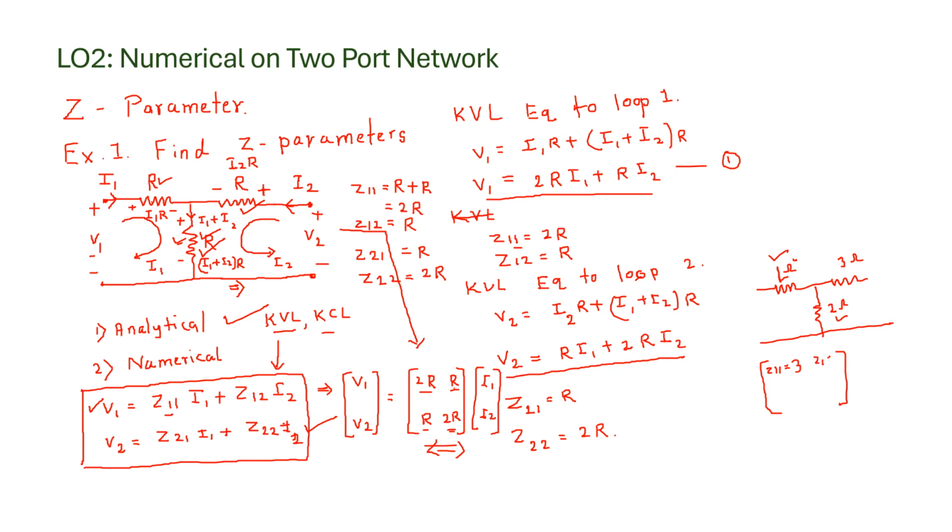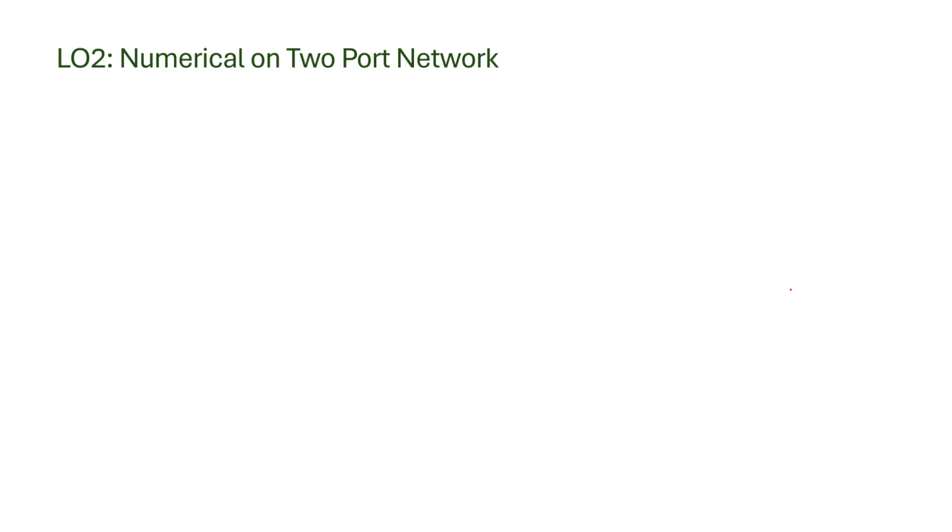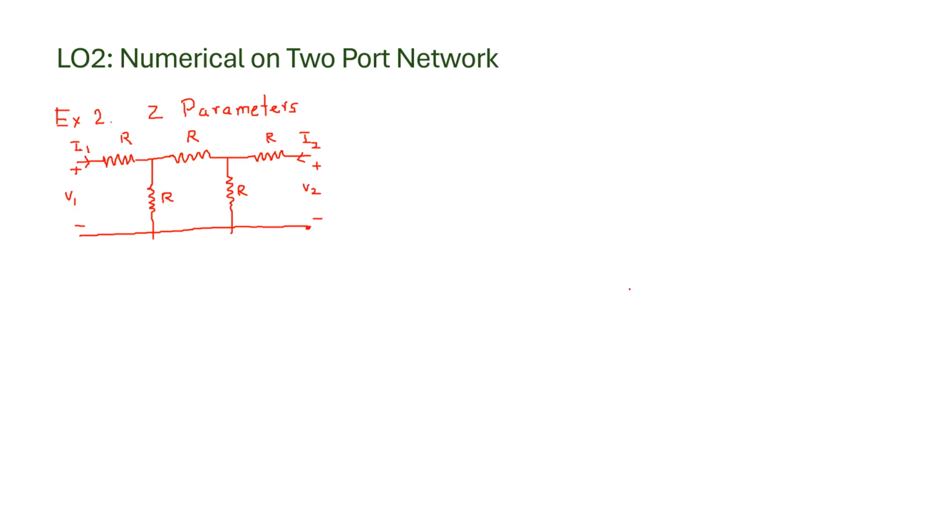What is Z12? Z12 value will be 2 ohm. Z21 value will be 2 ohm and Z22 value will be 2 plus 3, it is 5. So this way, if your circuit is in this form, then we can directly write this Z matrix or Z parameters just by looking at the circuit. So this is the same approach I am going to use here.